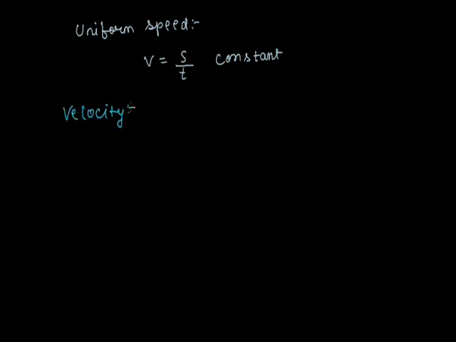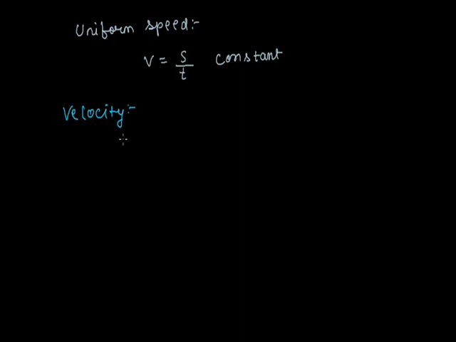Now the velocity of an object is the quantity which gives us the speed of an object as well as its direction of motion.